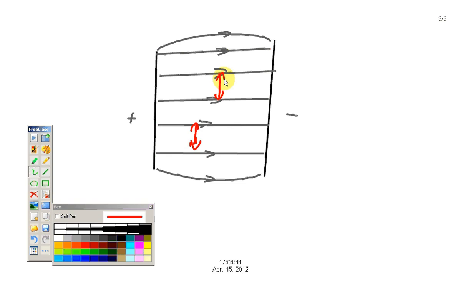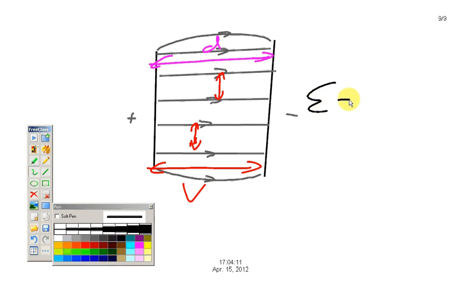But we'll see later that the field strength depends on the potential difference between 2 points and the distance between them. So it depends on the potential difference, which is the voltage between these 2 plates, as well as the distance between them. So if we rewrite this equation, E, electric field strength, is equal to V over d, where the potential difference is measured in volts and d is the distance in meters.